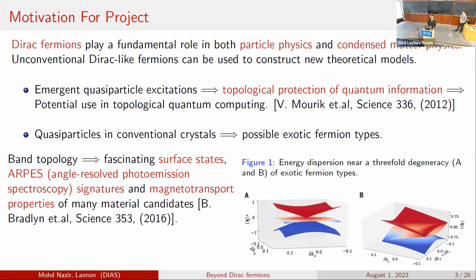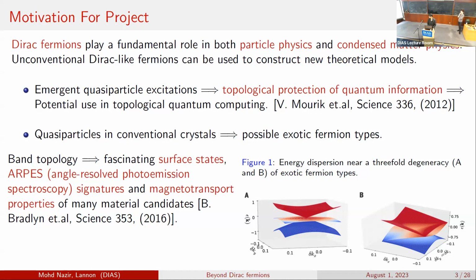And then based on the band topology of these emergent quasi-particle exotic types, there could be emergence of some fascinating surface states such as Fermi arcs, characteristic ARPES, or angle-resolved photoemission spectroscopy signatures, as well as analyzing the magnetotransport properties of many material candidates, especially whose exotic fermions would be close to the Fermi level.